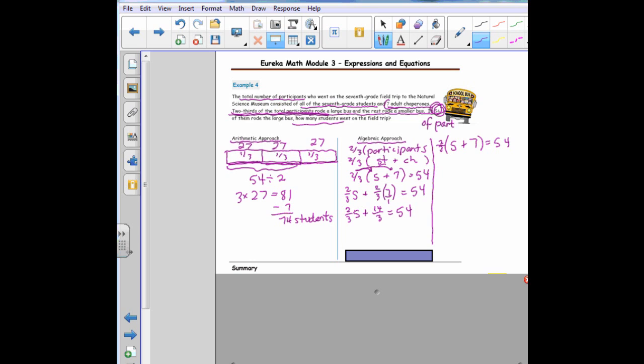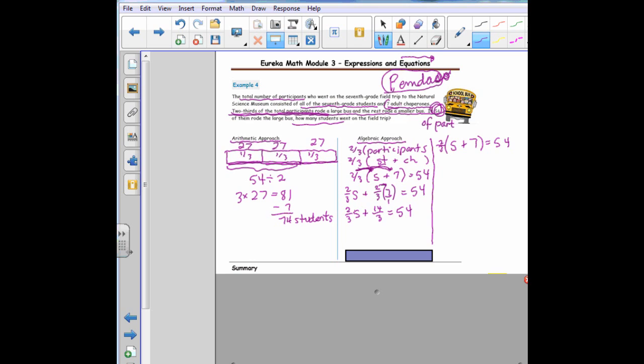Now remember, we're following PEMDAS, simplifying following the order of operations. And we did that when we did the distributive property. And then here, where we multiplied 2/3 times 7, we're done with PEMDAS. We're done with all the simplifying we can. So now we're ready to solve the problem.